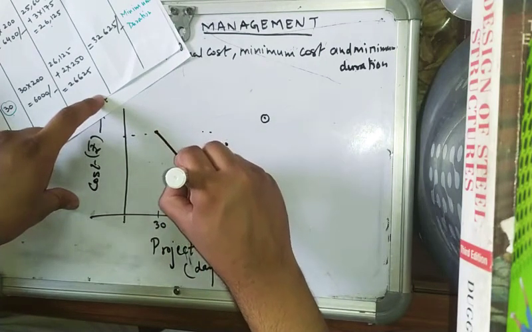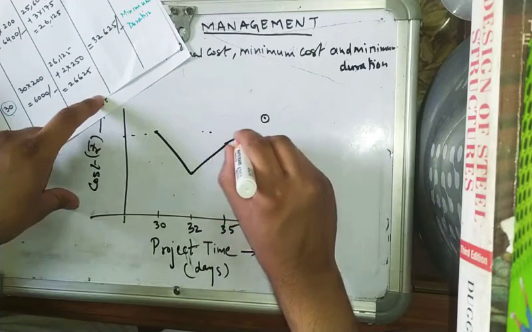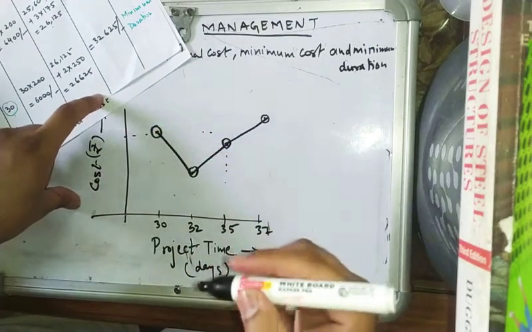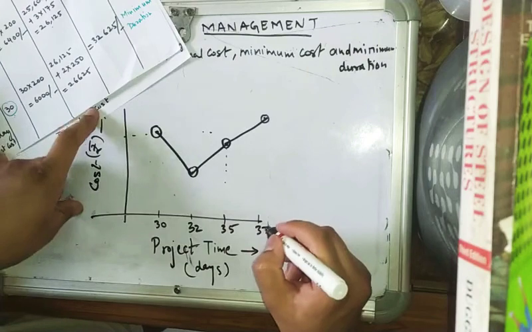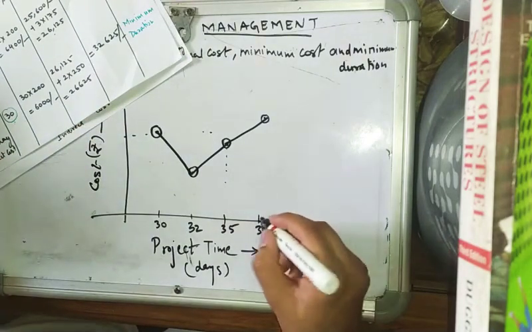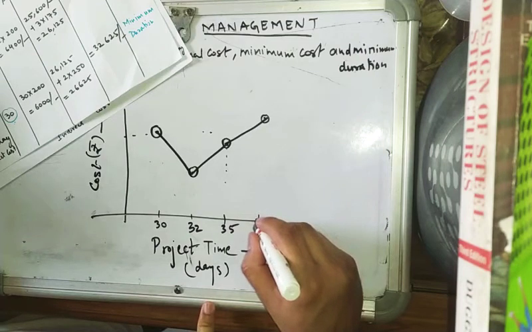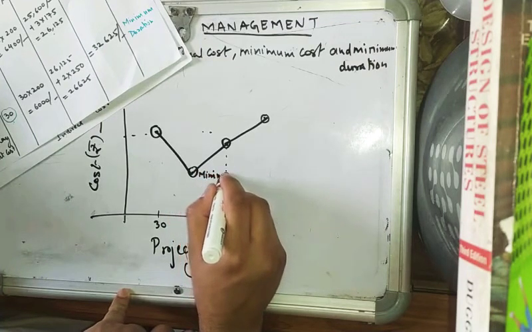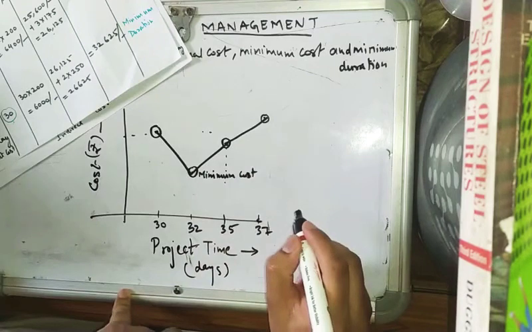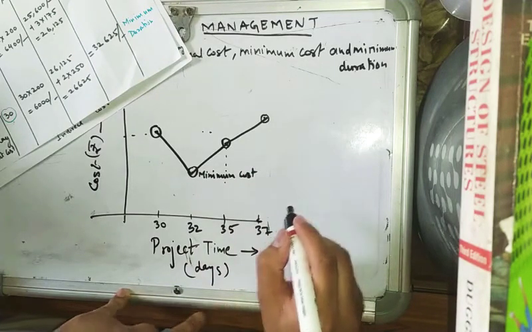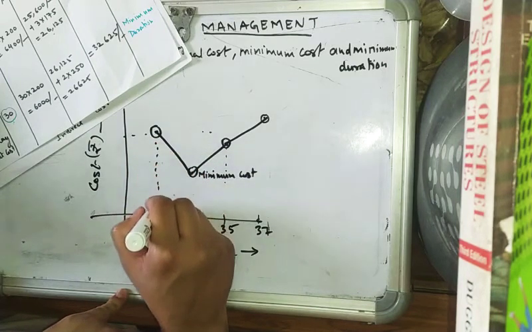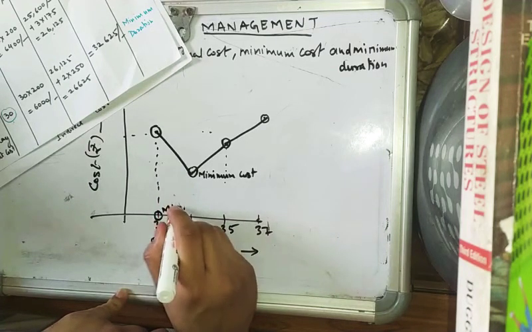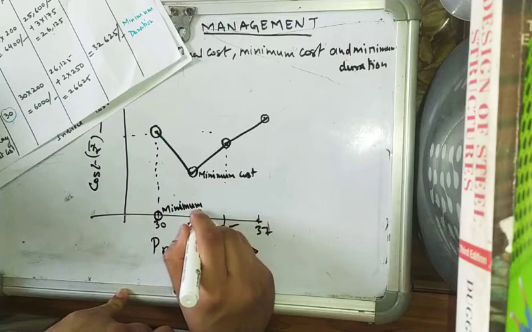If we join these lines, so here we can see that this is the minimum cost, corresponding to this is the optimum duration.